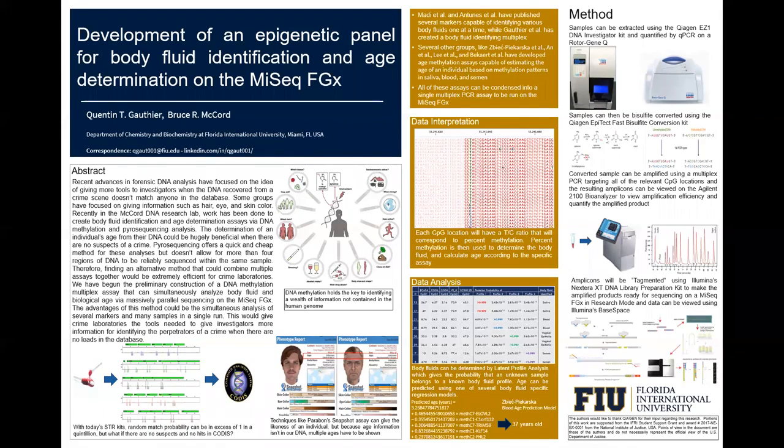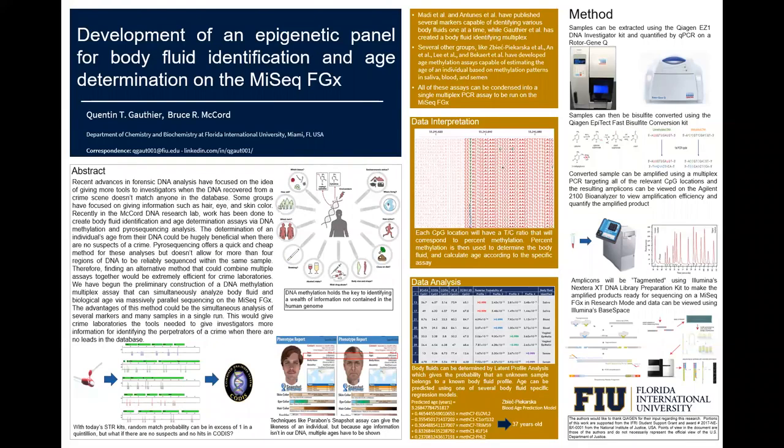So what we've been doing in our lab for the past few years is doing Pyro Sequencing of various DNA methylation markers. Now, what this is allowing us to do is to identify the body fluid from which a DNA sample originated. And separately, it allows us to do some very quick age predictions based off of these CpG results, these DNA methylation markers.